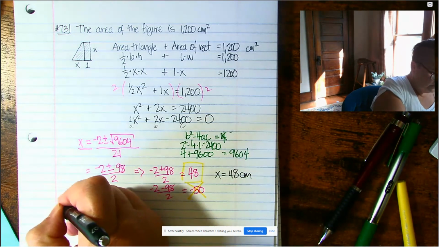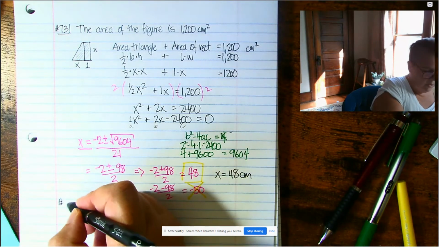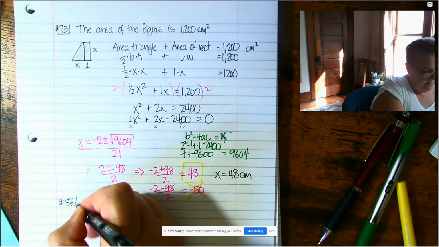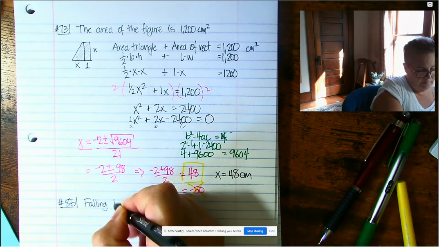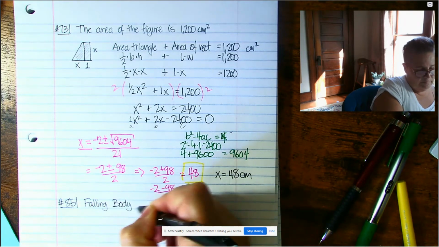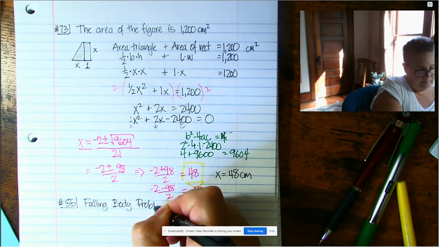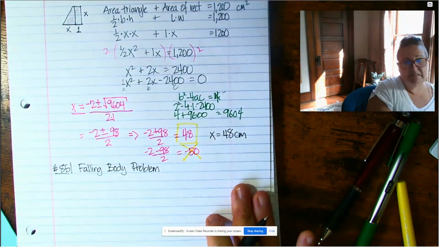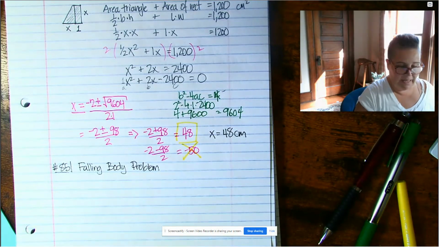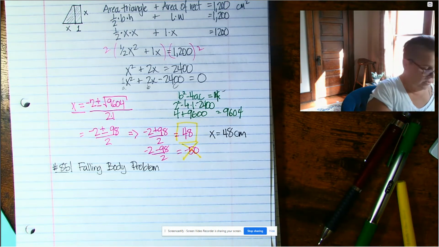Okay. Very nice. And then I've got one more. This is problem number 85. It's known as the falling body problem. Okay. And it says specifically to use the formula that it gave us in an earlier problem. I lost my pen. All right.